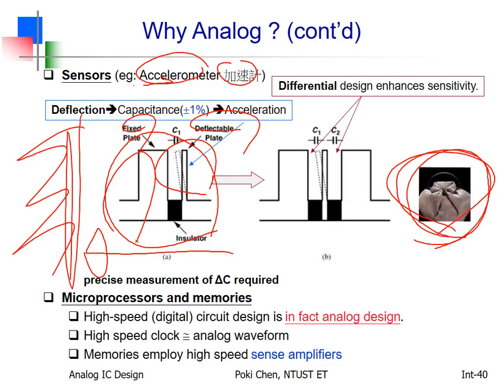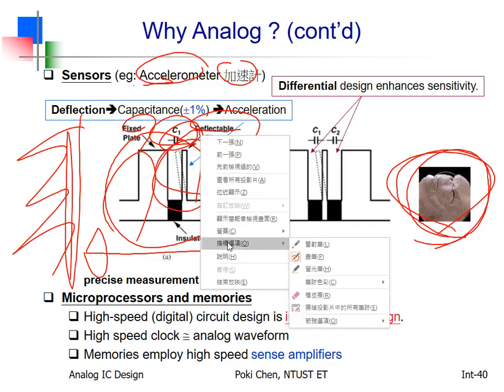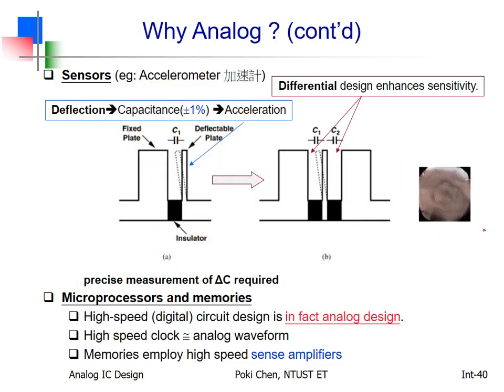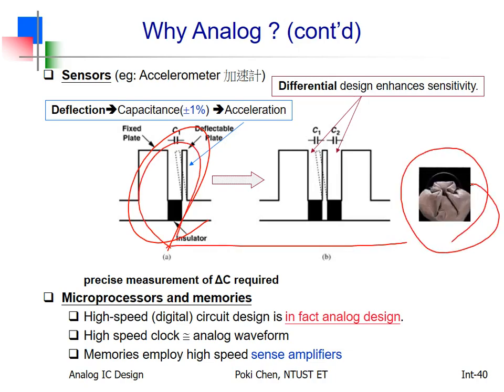So after the collision, only this plate keeps on going according to momentum. Then the capacitance here will be increased, right? So in theory, the controller of your car monitors the effective capacitance to make the decision whether or not to pop out the airbag. Very easy, very simple.